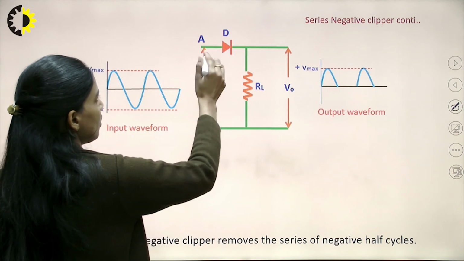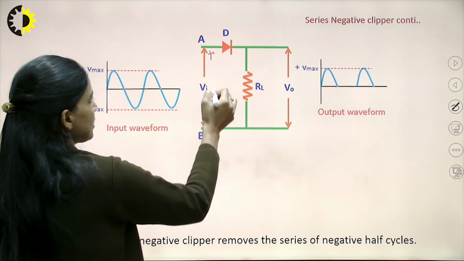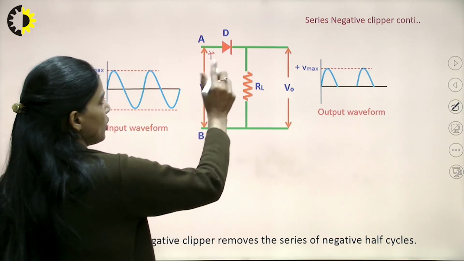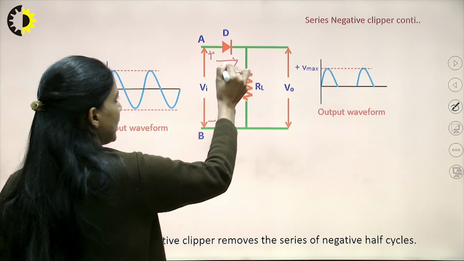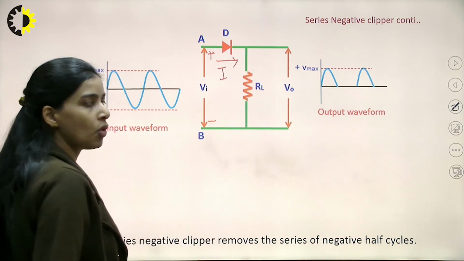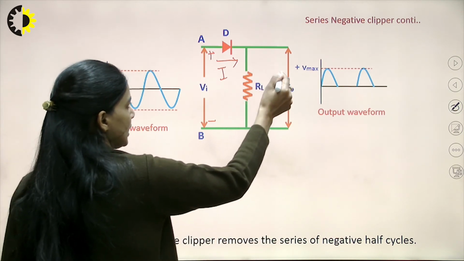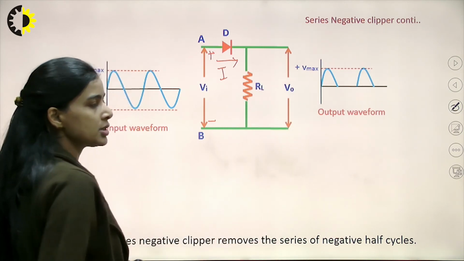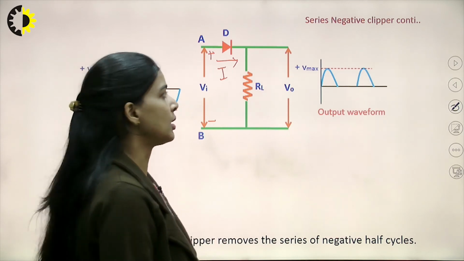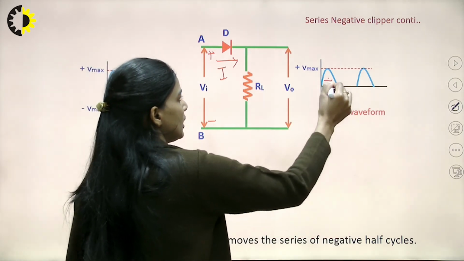So, here when the positive cycle appears, this diode will be forward biased and there will be flow of current, and we get some voltage V out across this load resistance. That is shown here.